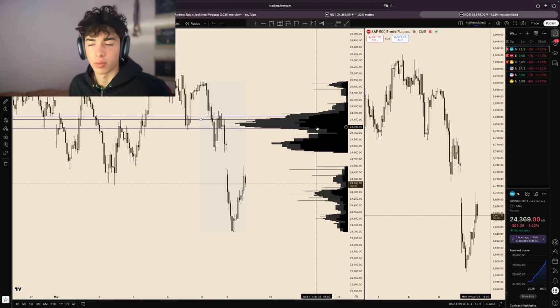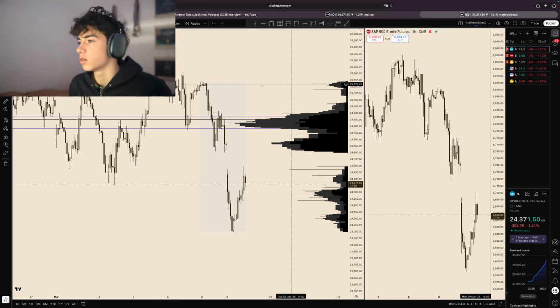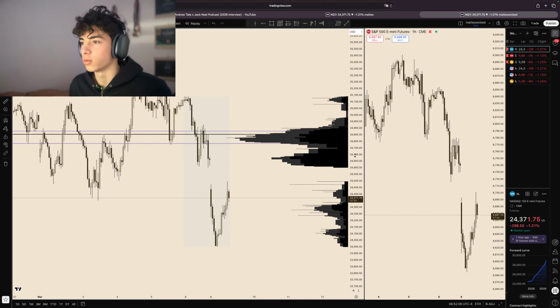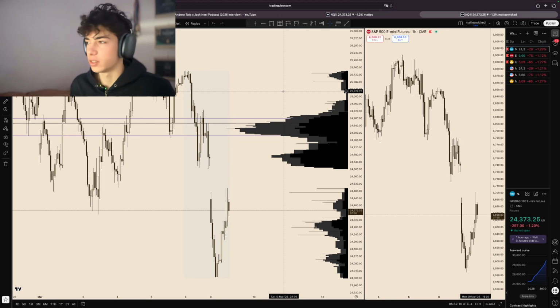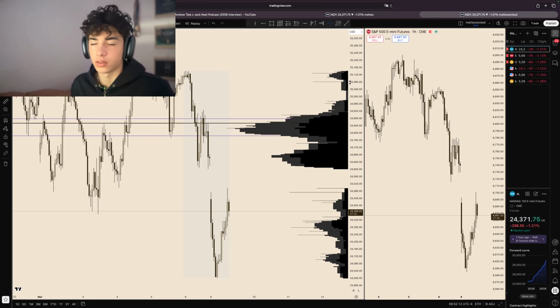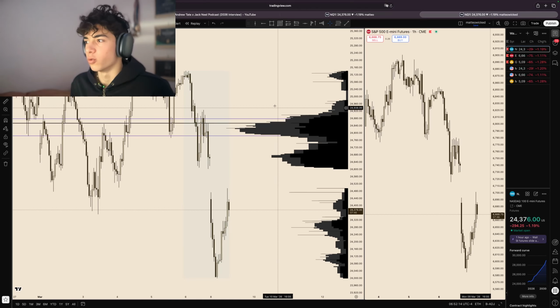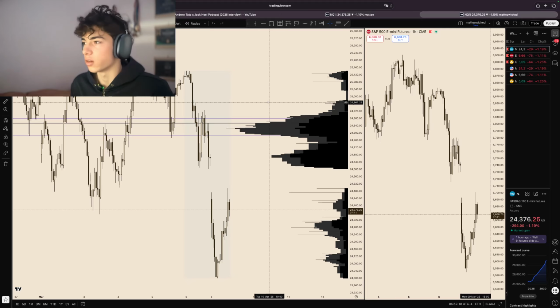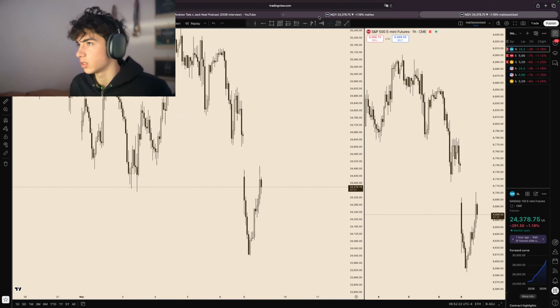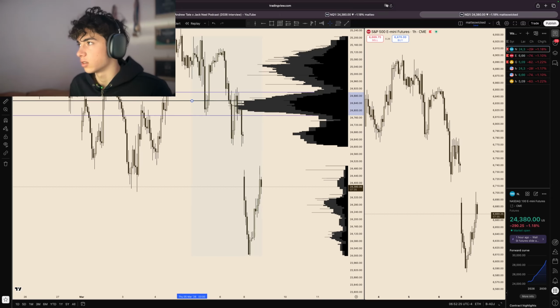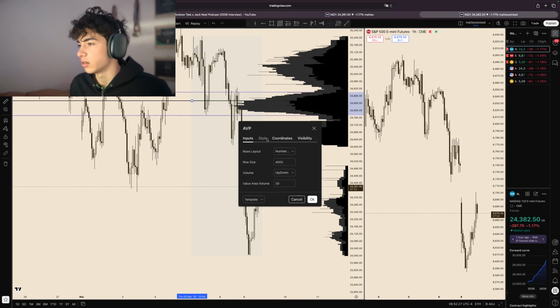You have more data, so it's a bit more precise. But it's still good if you don't have a very powerful PC, maybe you have a Mac. It's still good to take a look at the volume profile. So basically, how does this work? I'll let you see my settings here.